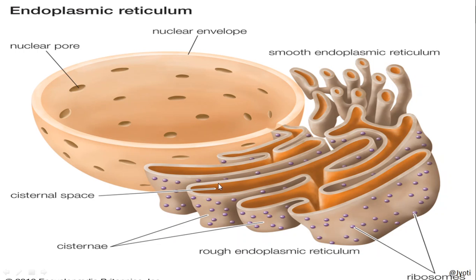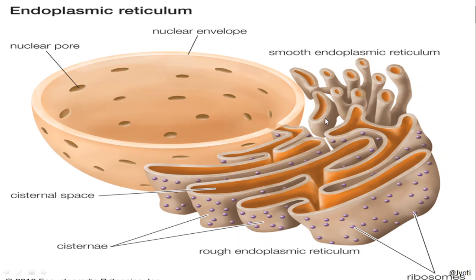Here you can see the three components of the endoplasmic reticulum. The first are the cisternae. These are sac-like or bag-like structures, which are usually branched.